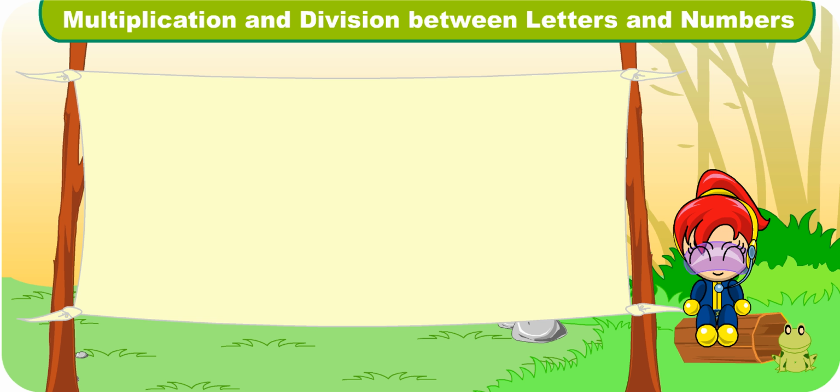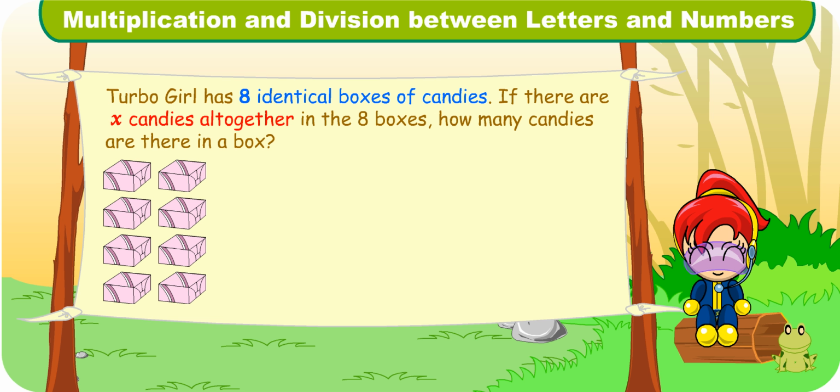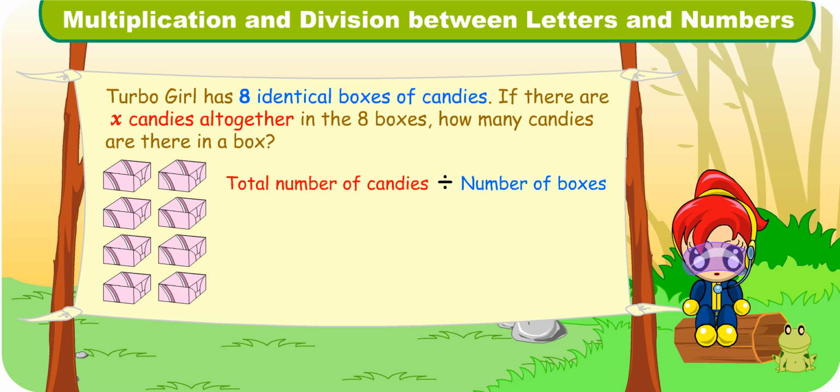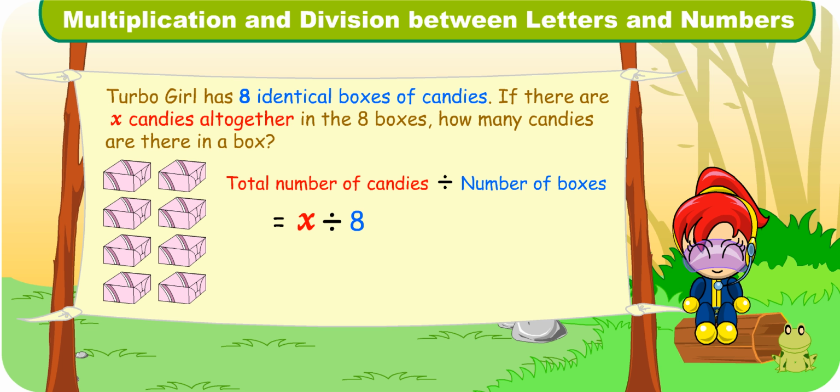Here is the question. Turbo Girl has 8 identical boxes of candies. If there are X candies altogether in the 8 boxes, how many candies are there in a box? This is simple. I only need to divide the total number of candies by the number of boxes to get the answer. So, the answer is X divided by 8. Good.